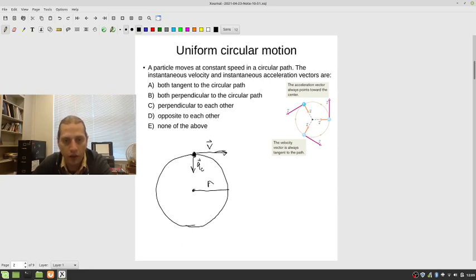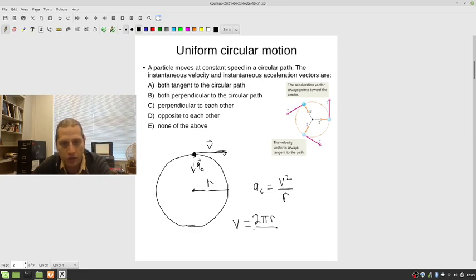Now, if we have a circle of radius r, we derived that the size of the centripetal acceleration was related to the speed at which you're going around the circle and the radius of the circle itself. Of course, those things are not totally independent. Let's say I wanted to think about the time to go around the circle.